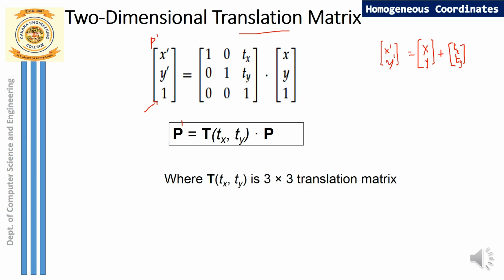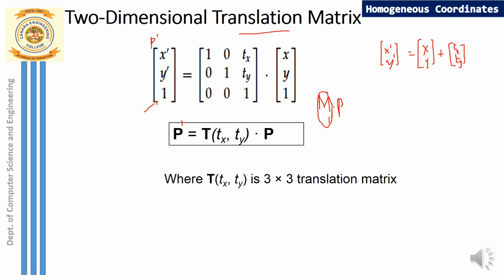Next, as per our formula, we have the matrix which should be multiplied with the point. What is that matrix here? As I already said, for translation, M1 into P, M1 should be the identity matrix. So what is our identity matrix M1?